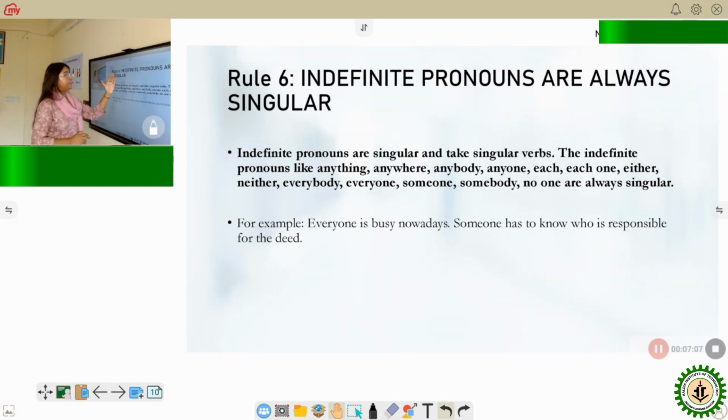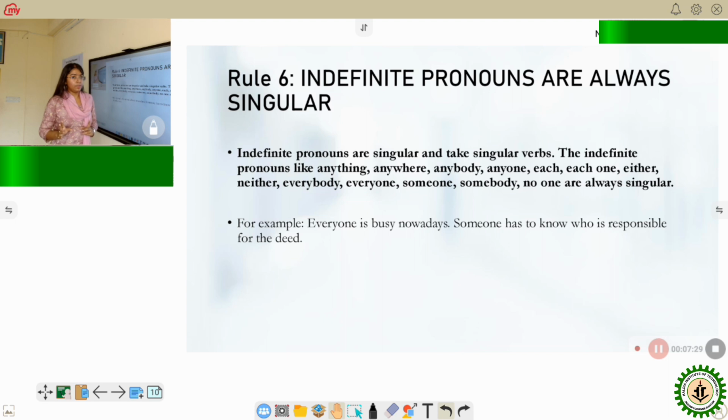So, indefinite pronouns. What are indefinite pronouns? Everybody, somebody, no one, nobody, anyone, anybody, each one. These are all indefinite pronouns. In case of any indefinite pronoun, the verb will always be singular. All indefinite pronouns are always treated as singular.